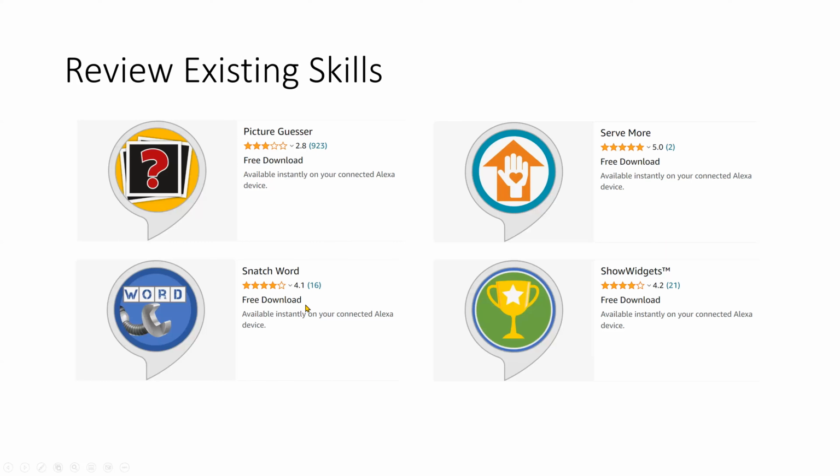That's one idea. Snatch Word is a game where you say a word, and you get points based on how big the word is and how many times people are asking about it, and you kind of reserve that word. After so much time has expired, you either have to renew the word, or somebody else could snatch the word from you.